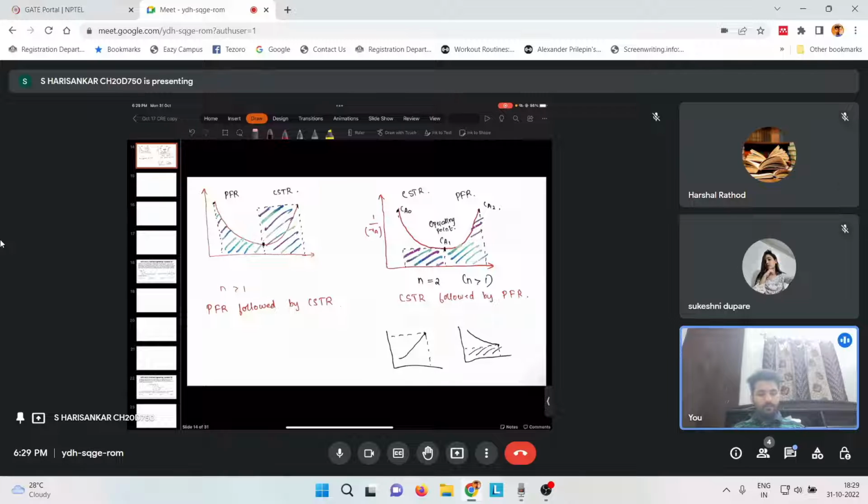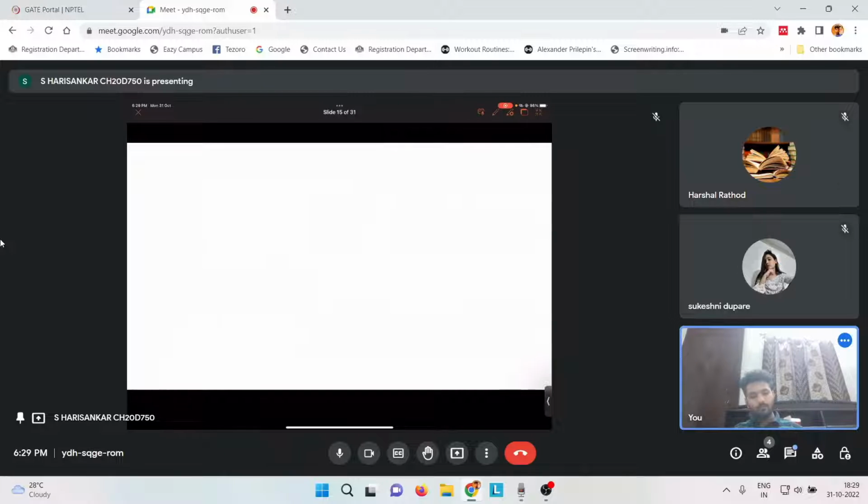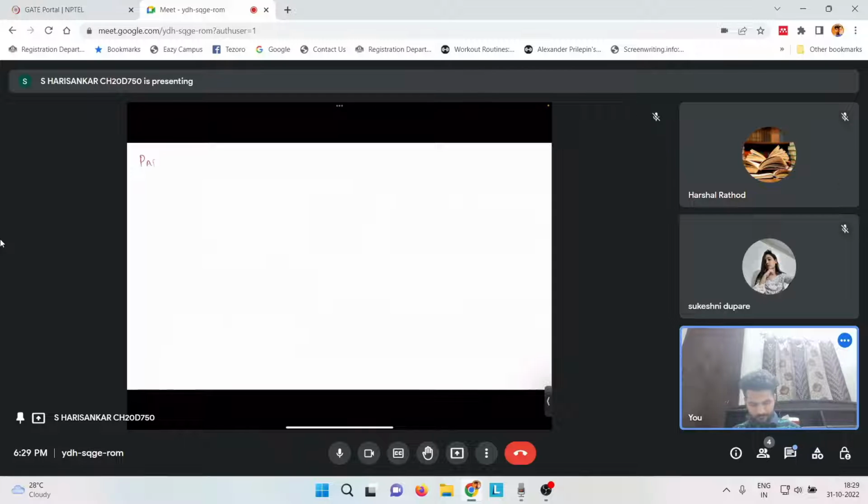Okay, fine. So that's about it for a combination of reactors. Now we'll look into some more stuff with regards to multiple reactions. So let's take parallel reactions. Let us say we have a reaction like this.